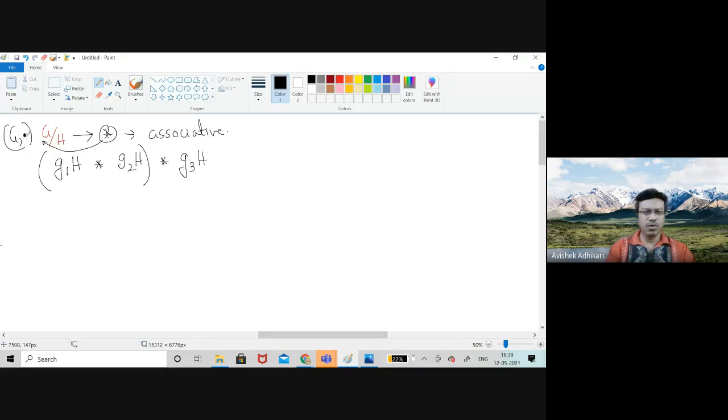That is the dot of G. Now this is the same as, by definition, G1 dot G2 H star G3H, and what is this? This is G1 G2 G3, that means in between the dot of H is there, right? Now if you consider a bracket here, will that make any change?